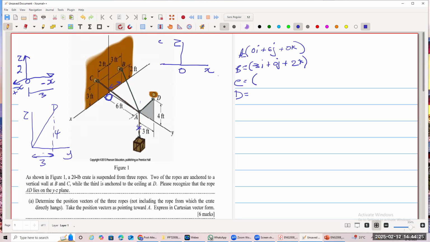So this is the origin, this is positive X, this is negative X. It is telling me that it is going up 3, and along here it is 2. So therefore I must put 2i plus 0j, which has no component in the j direction, plus it is 3.